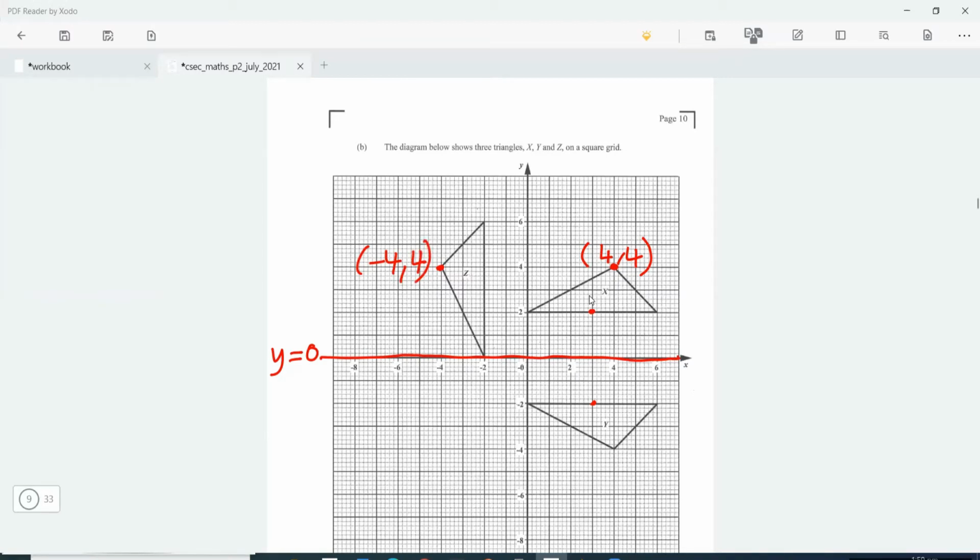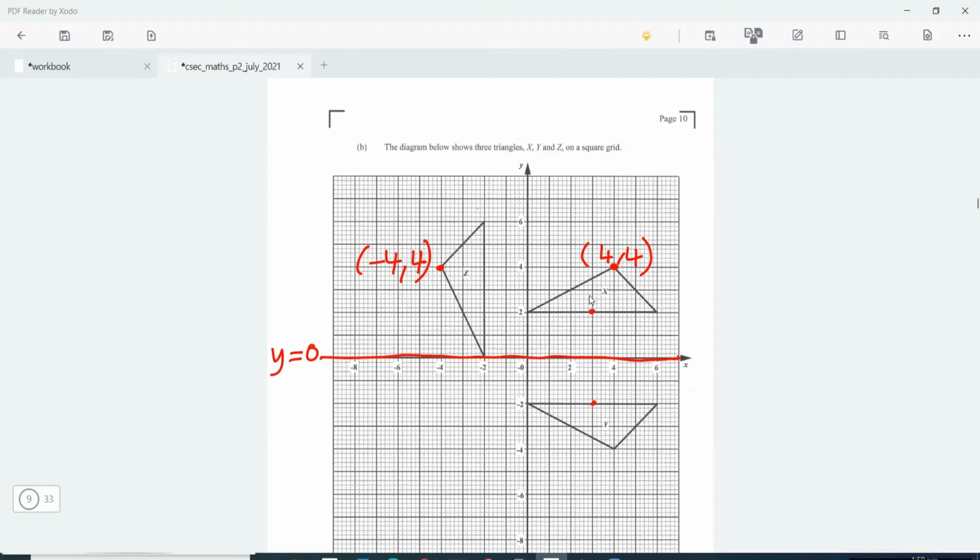So this clearly looks like rotation. It looked like we just turn triangle X from here to here. So it looks like rotation. We just need to find out now what is the angle of the rotation.